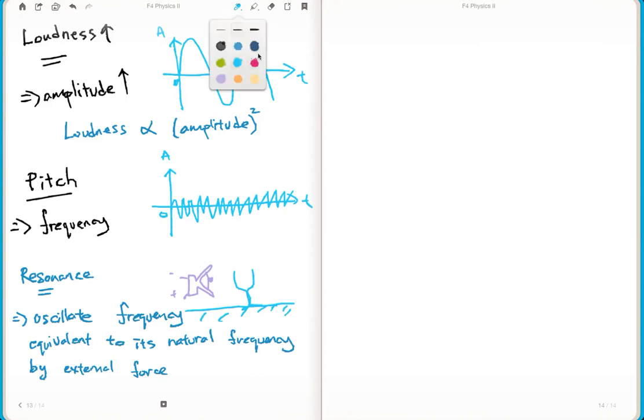So what happened in reality, if the oscillating frequency F, the one that you provide, increases until it is the same as the frequency of the glass, because in the molecule, this is the natural frequency.